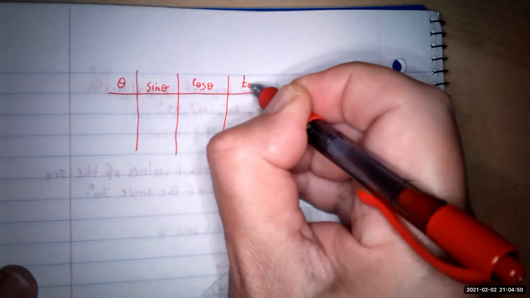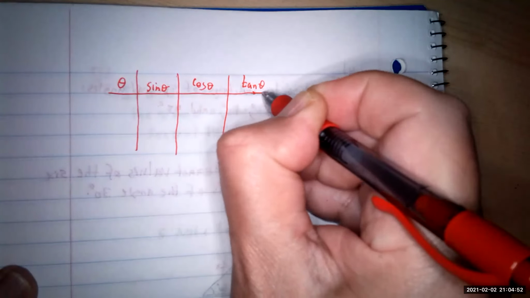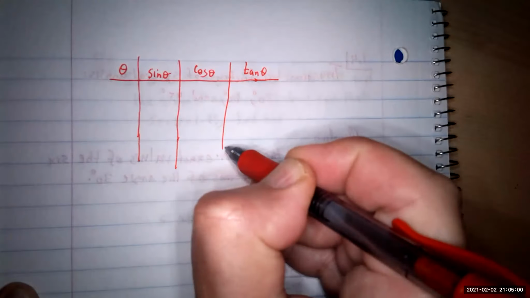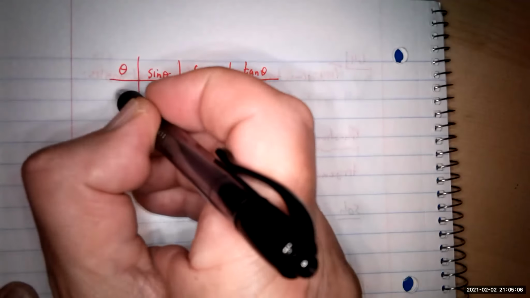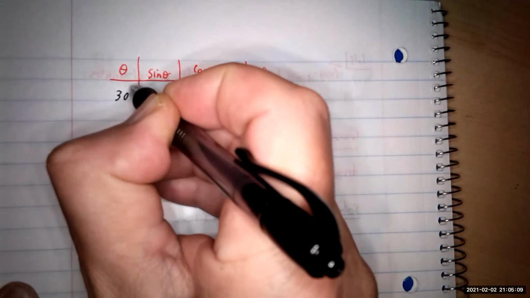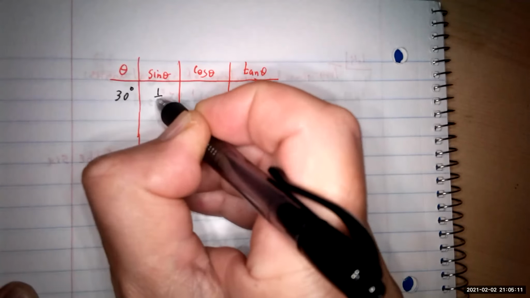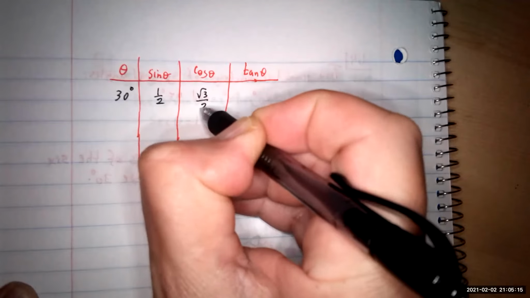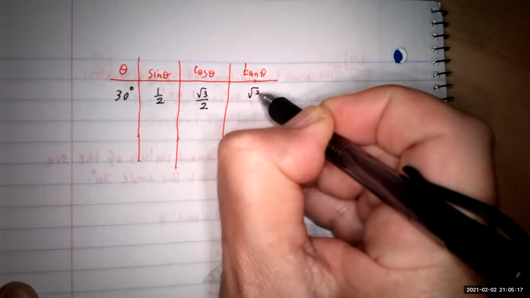That would be enough, really, because you can use the reciprocal to get all of them. So just know these. If you need it, you can use the reciprocal to get the others. And so if you have 30 degrees, we just proved it, the sine is 1/2, the cosine is radical 3/2, and the tangent is radical 3/3.